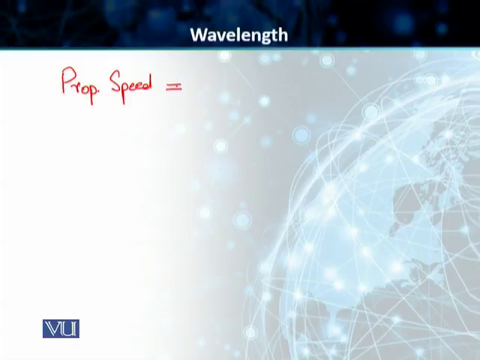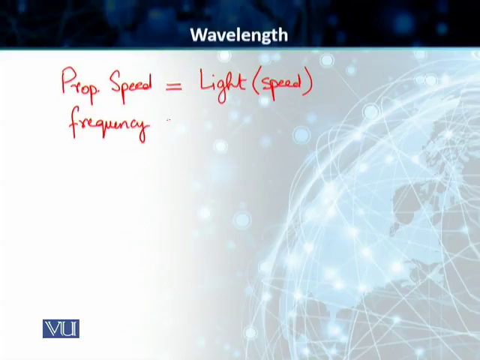So this propagation speed is, for example, if we are talking about a simple waveform that we deal with in everyday real life, nothing but the speed of light. The second thing that we need is the frequency. So we represent the frequency as usual by small f.